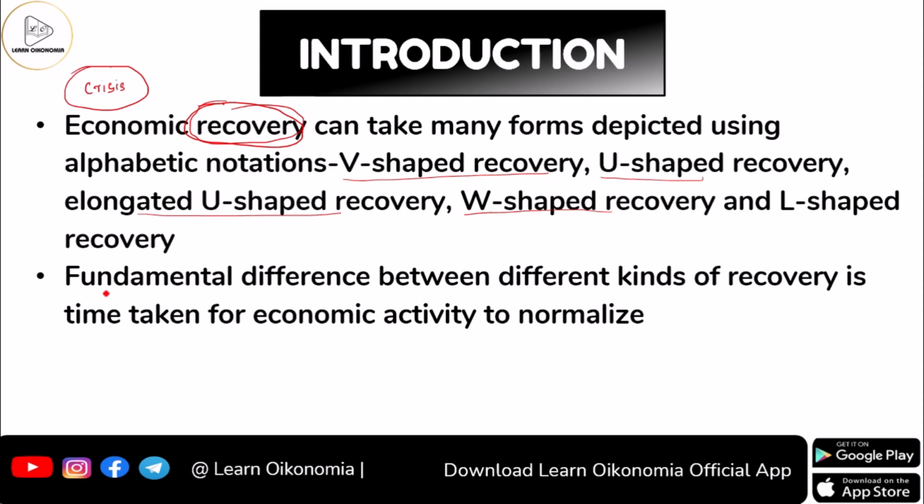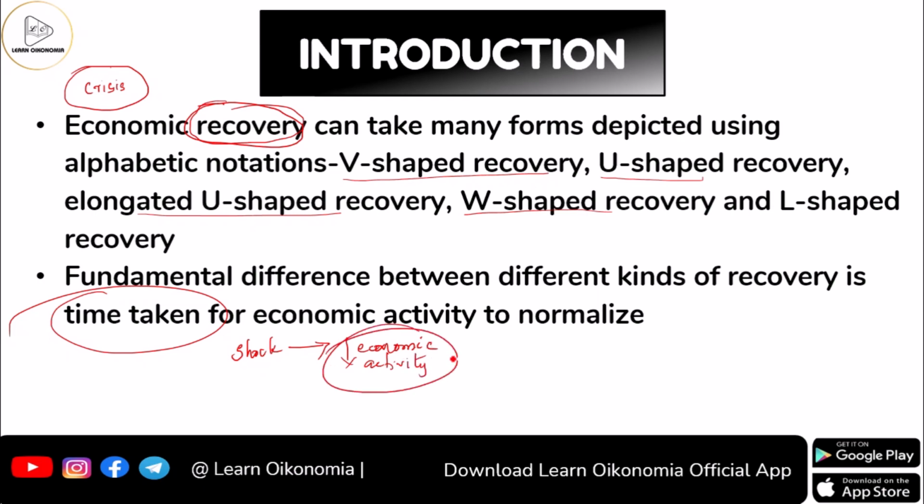Now, moving to the basic difference between the different types of recovery: this involves the time taken for the economic activity to come back to the normalized state. Before the crisis, the economy might have been in a state of normalcy, but it was the economic shock that created a fall or a dip in the economic activity, and this is what we call the crisis period.